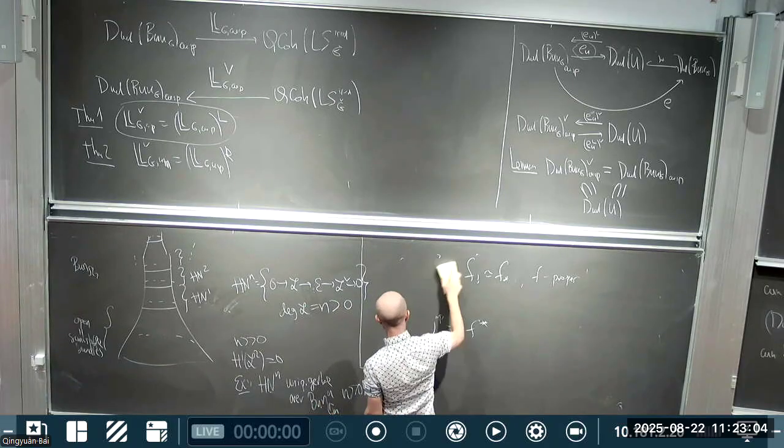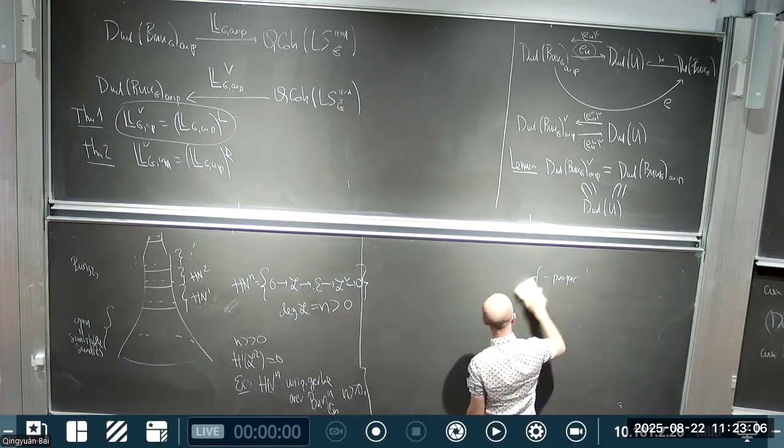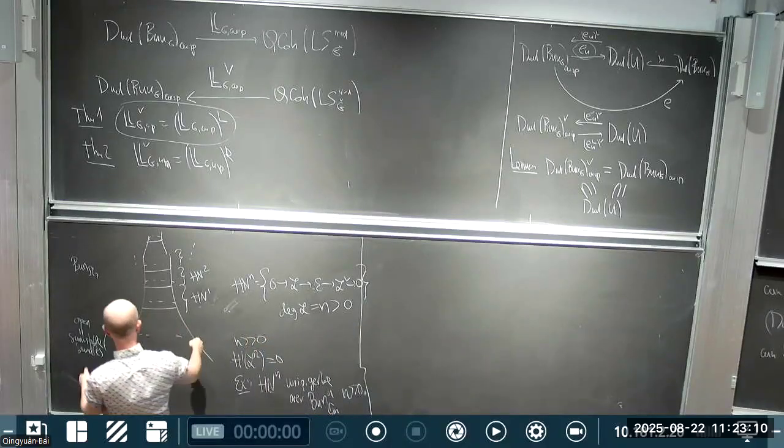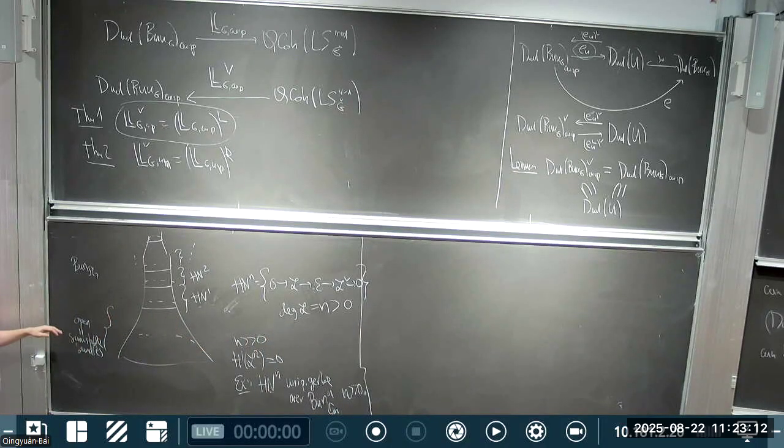So first of all, this is part of what Justin was saying in the very first talk of the week, about how the non-quasi-compactness of Bun G is kind of remarkable and kind of stacky.